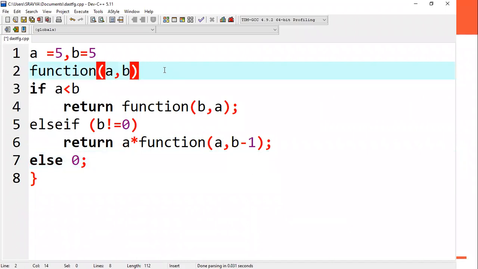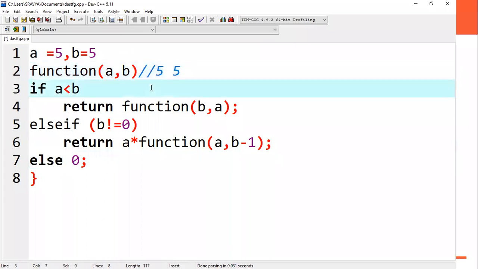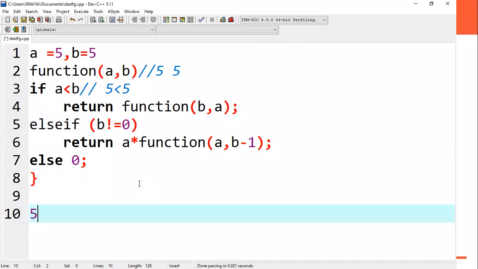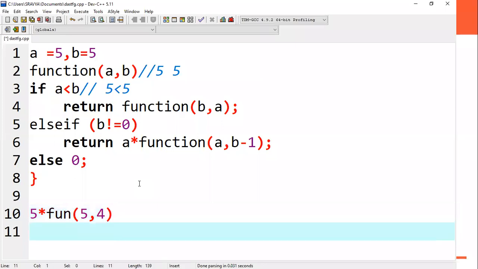Just see, it's very simple. First, we are calling the function with 5, 5. Now 5 less than 5: is it true? False. As it is false, it will come to the else if. It will check B not equal to 0: 5 not equal to 0, true. We call 5 into function of 5 comma 5, not changed, but B is changed to 4, so 5 into fun of 5 comma 4. For 5 comma 4, 5 less than 4 is false.